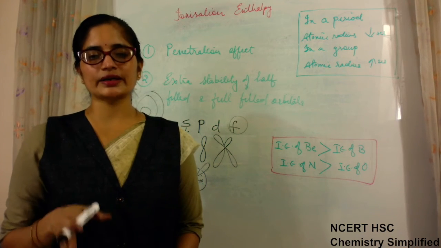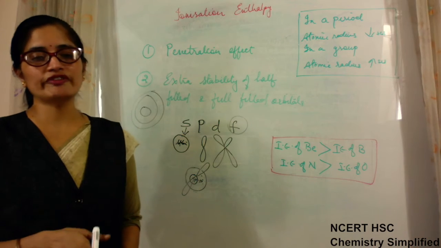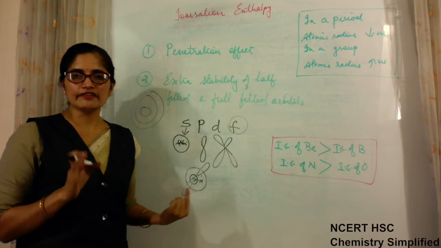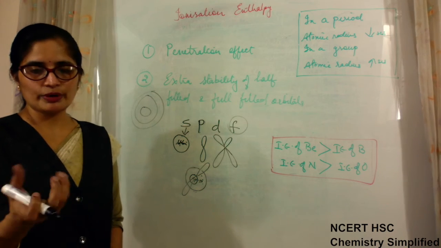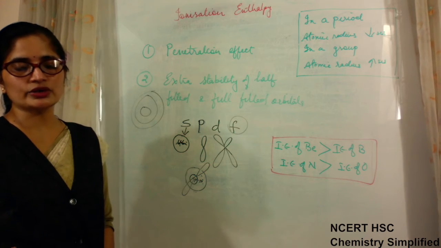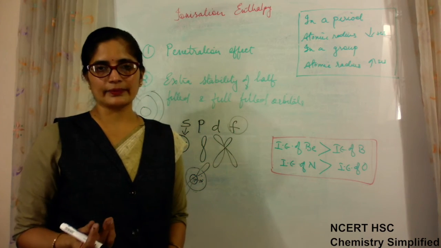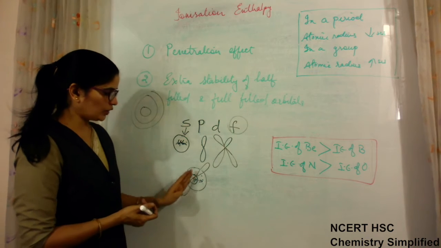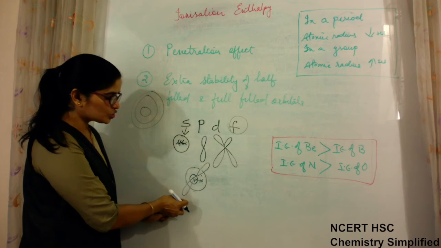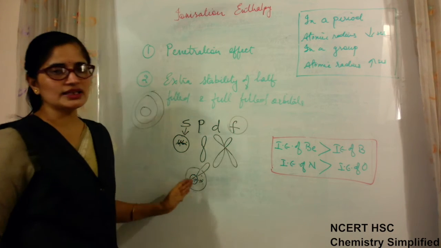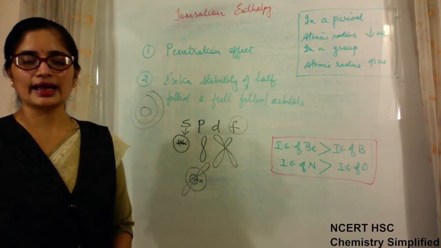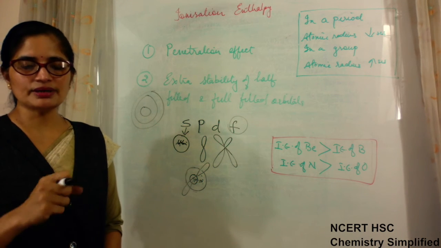The penetration effect of the s orbital is uniform and electrons are more strongly attracted by the nucleus if they are present in s. Because of more strong attraction, if you want to lose those electrons, more energy will be required. On the other hand, the p orbital, because it has a diffuse, dumbbell shape, the attraction of these electrons by the protons is less as compared to s. Less attraction means easy removal.